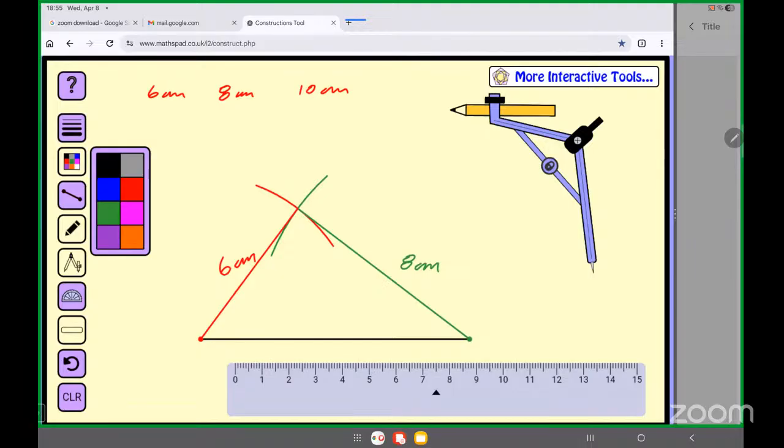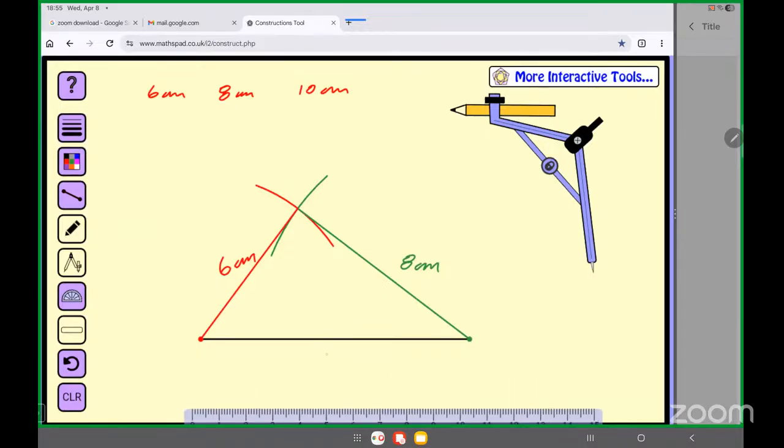And the original line was 10 centimeters. That's your 6, 8, 10 triangle.